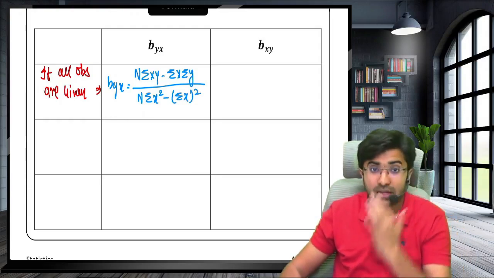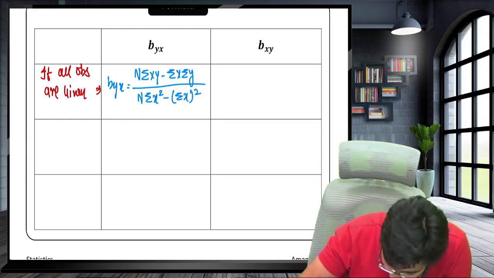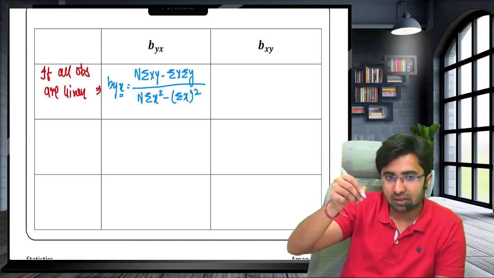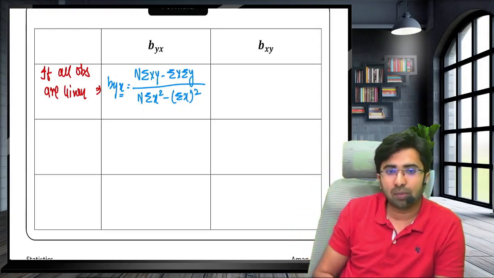Guys, can you see here, b y on x, y on x means it ends on x, so in the denominator there will be x.